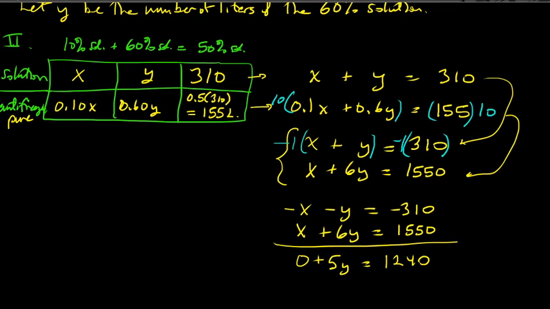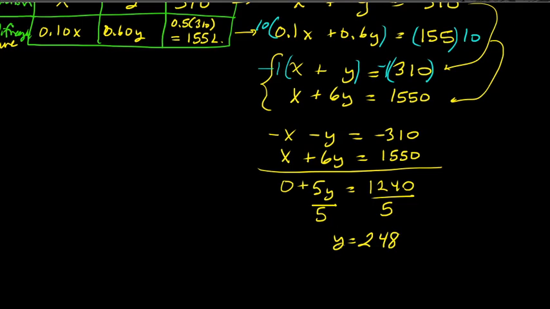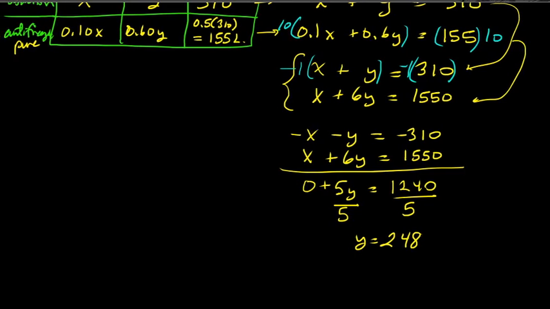Okay. And now just divide by 5. And I want to say 248. So I should double check that. Yep, that looks right. So 248, that's y. But we still have to find x.